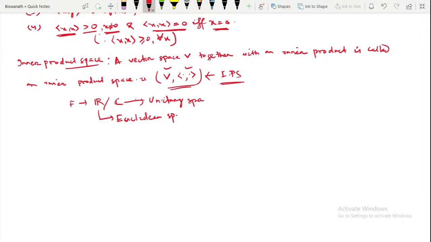Now comes a theorem. Let V be an inner product space.